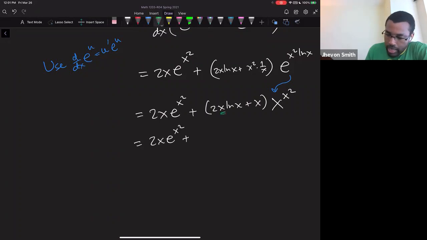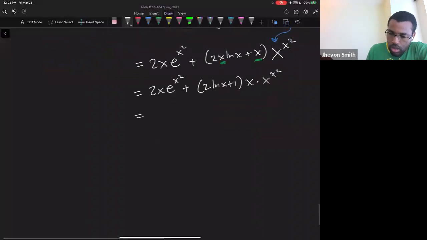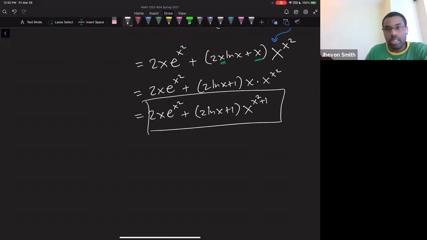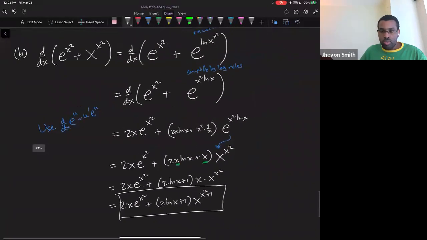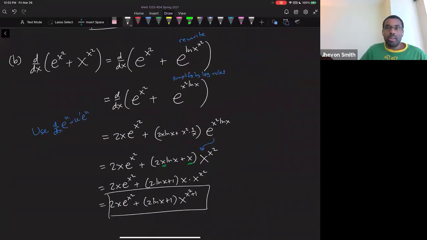There was a common x here that I could factor out. And then the x to the 1 times the x to the x squared gives us x to the x squared plus 1, which we know was the answer from last time. So I didn't have to separate anything. I could just rewrite something on the spot.